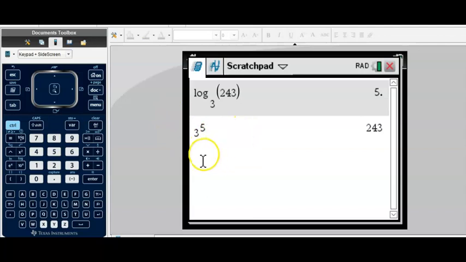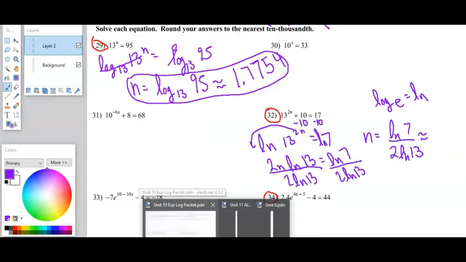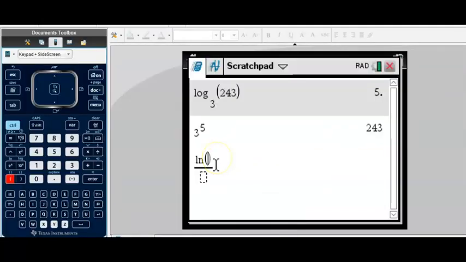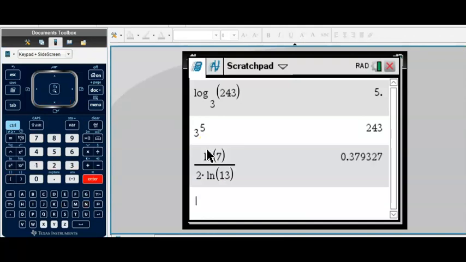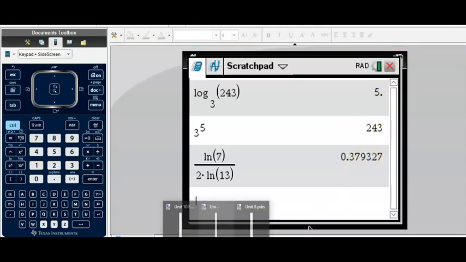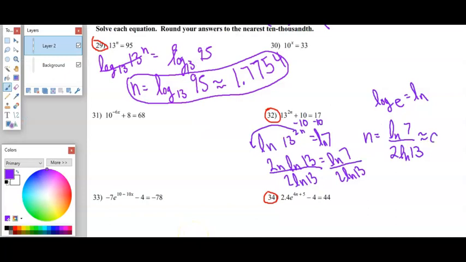So we could go to our calculator, control divide, put ln of 7 over 2 ln of 13. And you have 0.3793. And this would be your answer.